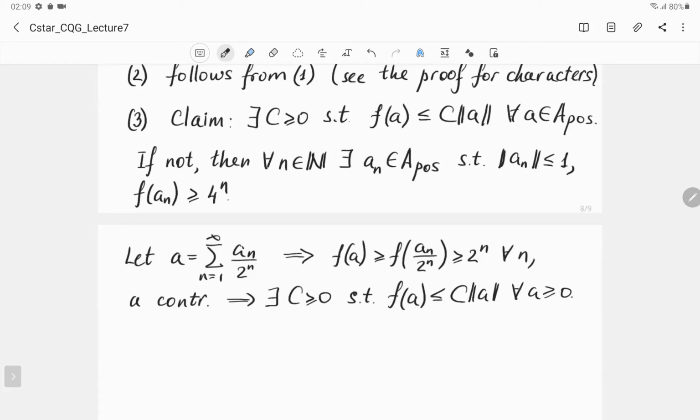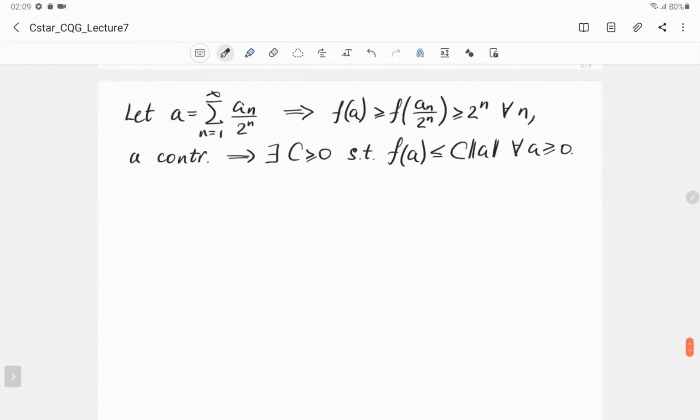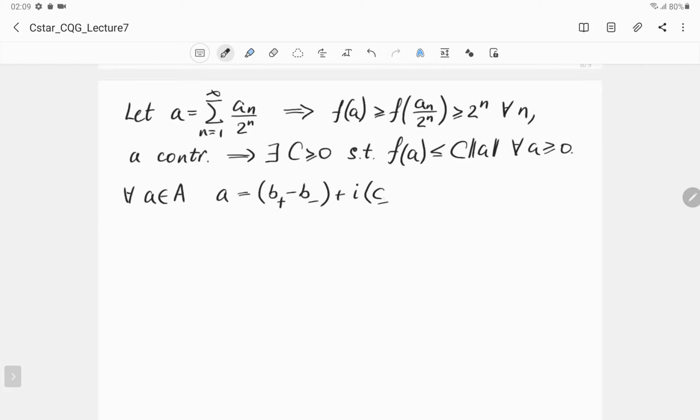So for each positive element, we have this inequality. And to complete the proof, we must show that F is bounded everywhere on A. So we take an arbitrary element in our algebra, and we decompose it in the following form: b plus minus b minus plus I, c plus minus c minus, where b and c are self-adjoint.